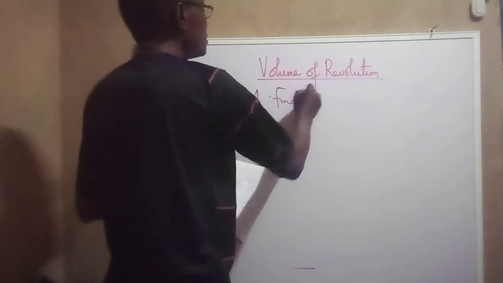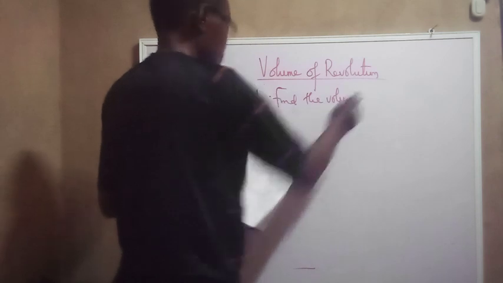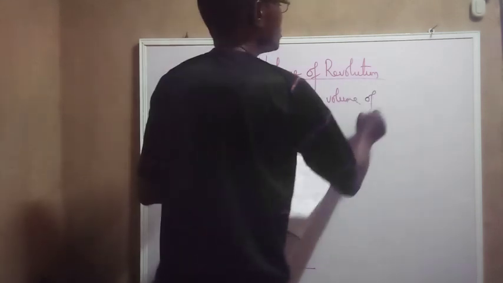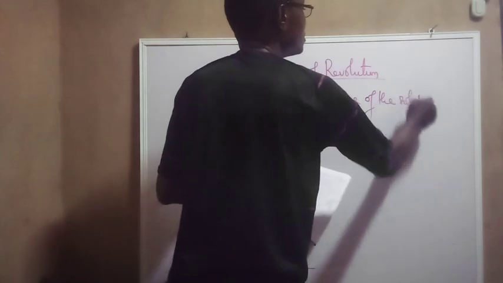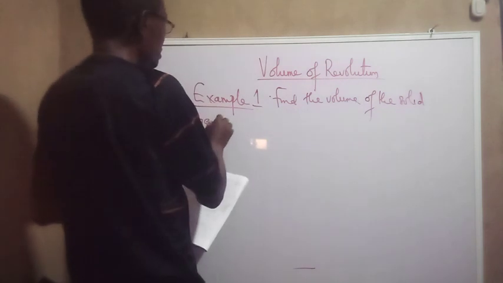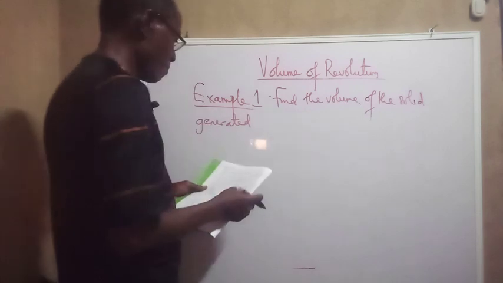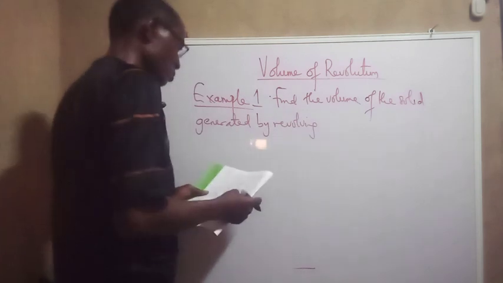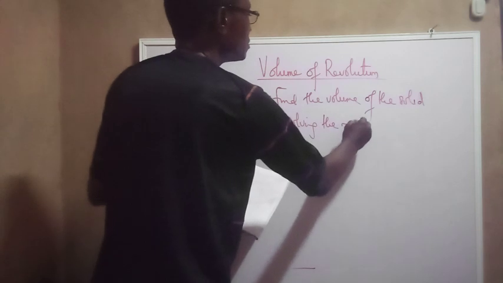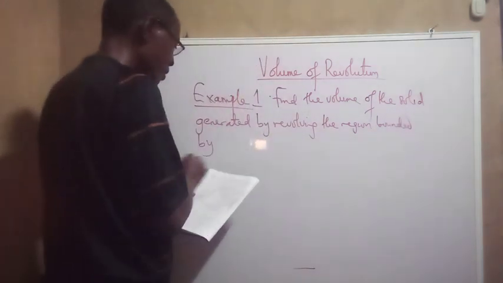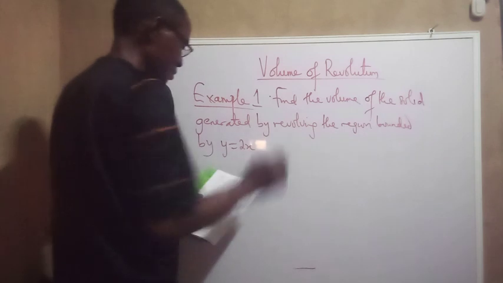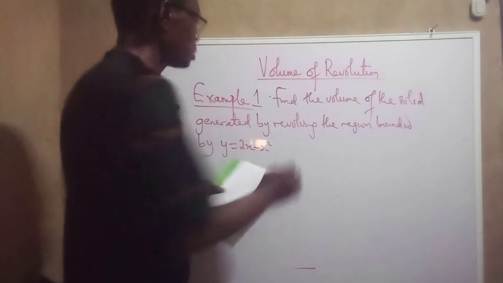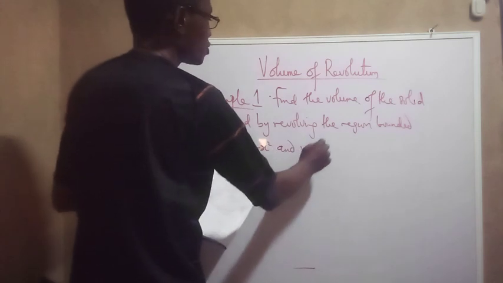Find the volume of the solid generated by revolving the region bounded by y is equal to 2x minus x squared and y is equal to x.